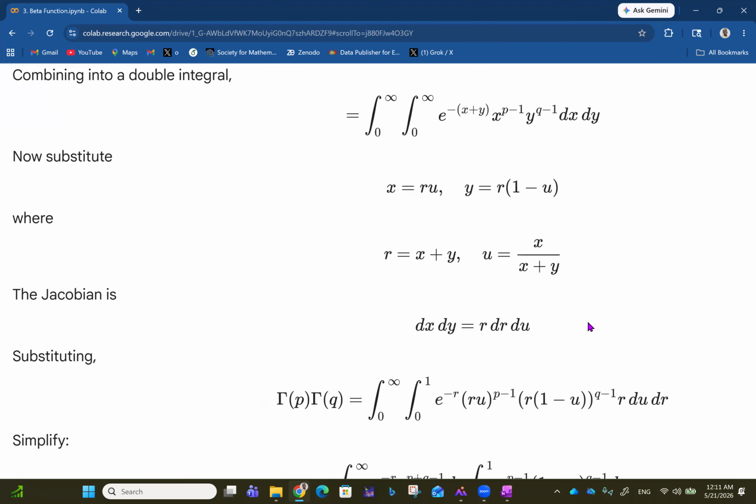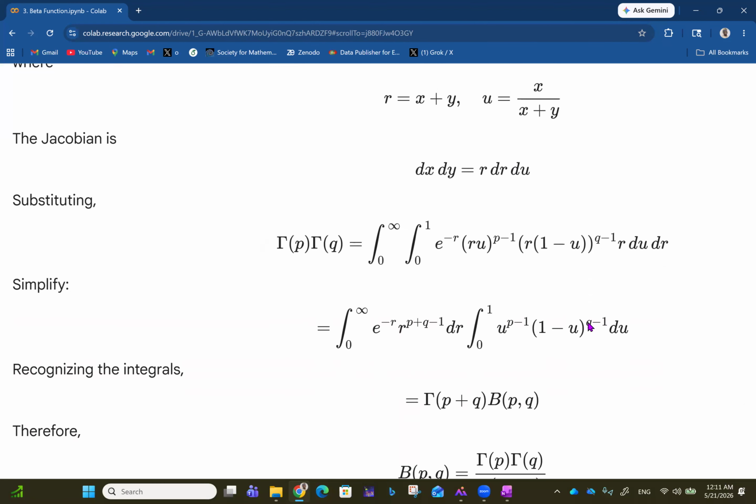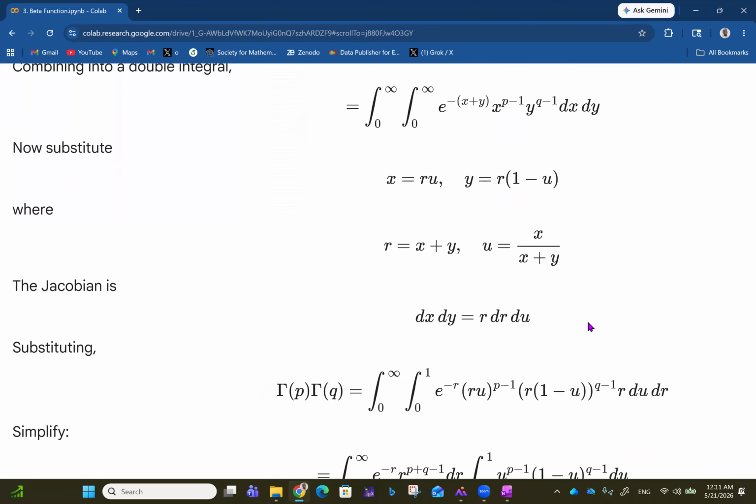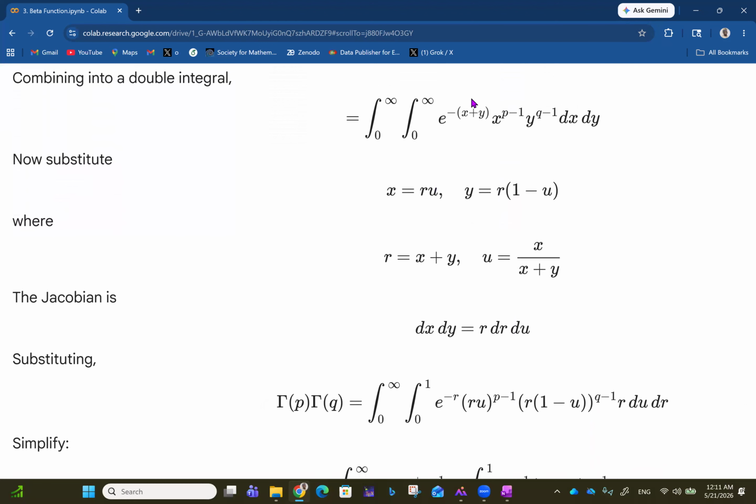Then if you substitute whatever you have here, you now have the integral from 0 to infinity, then the integral from 0 to 1 of e raised to the power minus r, then x itself is ru raised to the power p minus 1, then y is r into 1 minus u raised to the power q minus 1, then dx dy is now r dr du, like this.